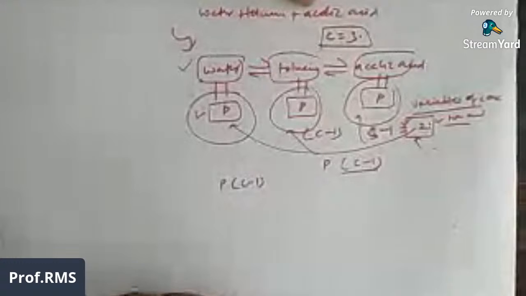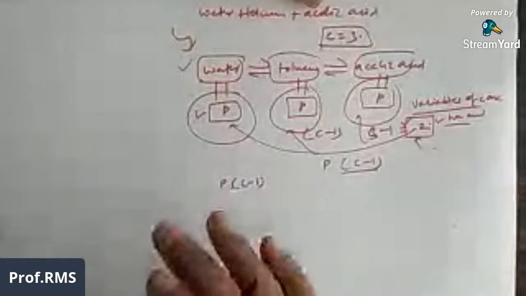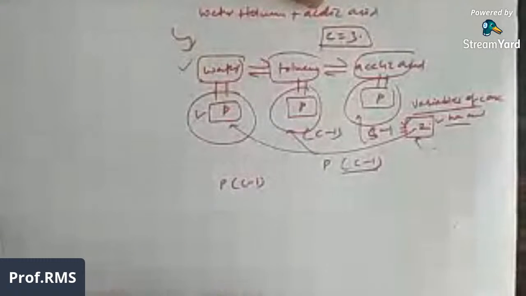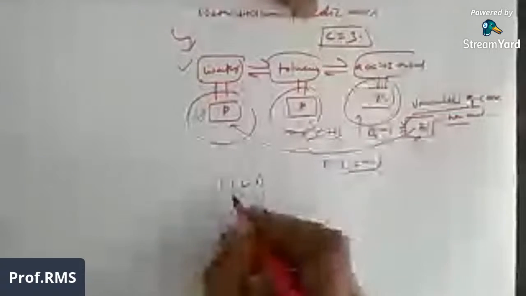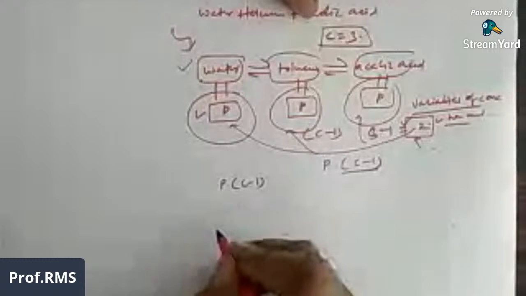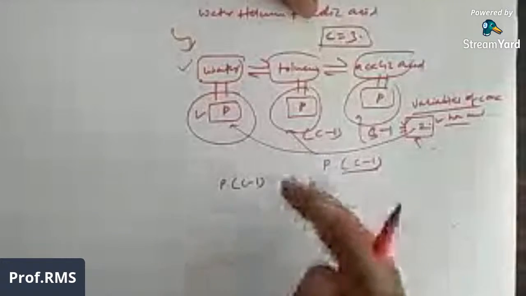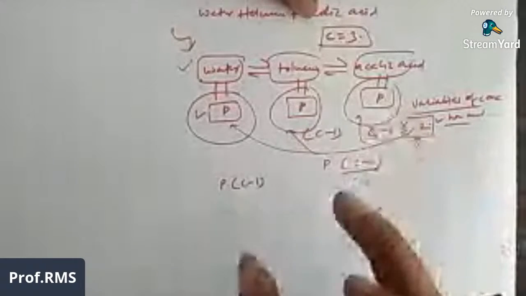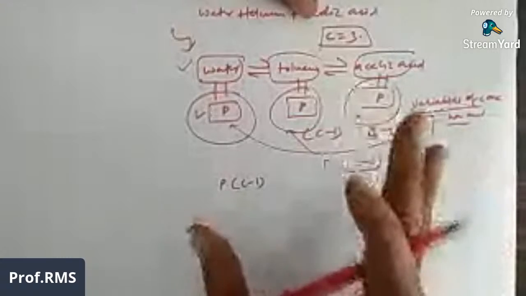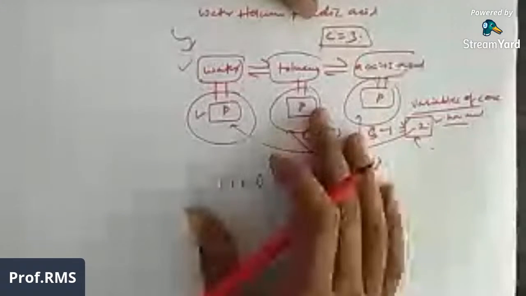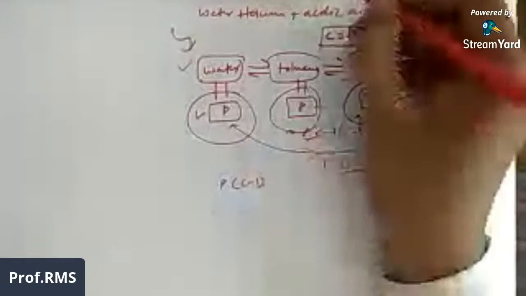Okay, now we again have two remaining variables. What are the remaining two variables? We know that in this phase equilibrium, mostly we consider the three variables. Which are these variables?